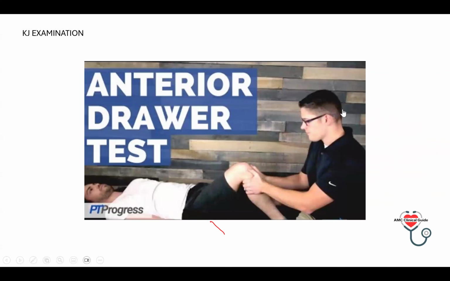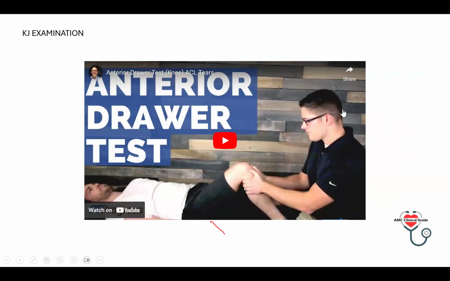So the next test is called the anterior drawer test. This test is done for the anterior cruciate ligament. You flex the patient's knee to 90 degrees, and you hold the patient's tibia with your thumbs on both sides of the tibial tuberosity and the other fingers behind the knee.